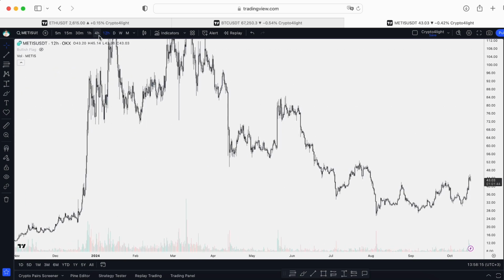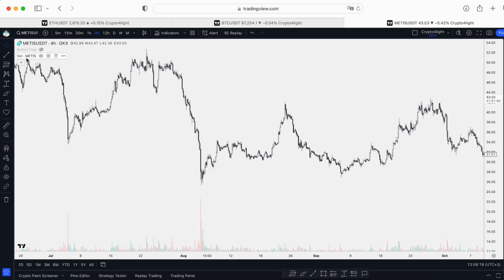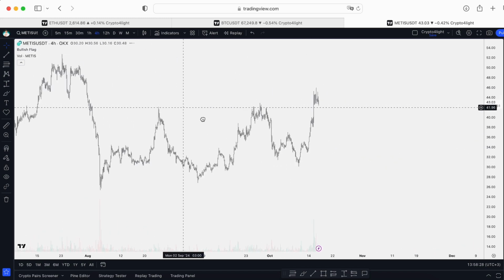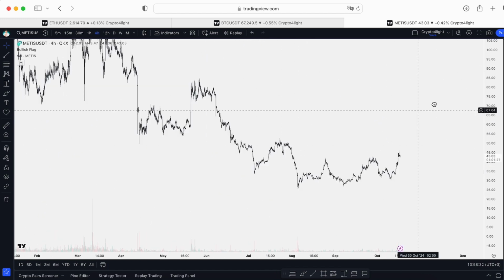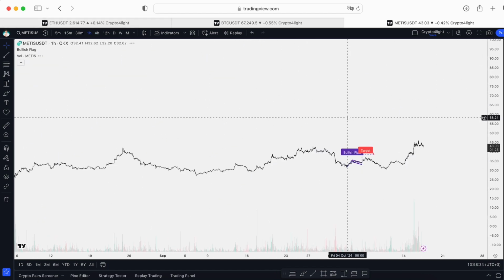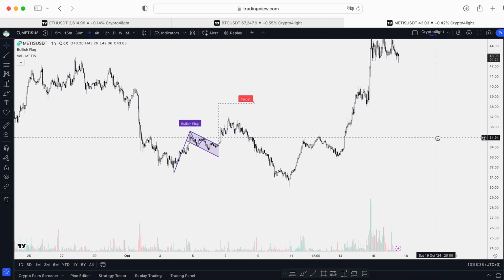That's why if we go to, for example, the 4-hour time frame and turn on the volume indicator and the bullish flag, what can we identify with this indicator? When we turn on the 4-hour time frame, we can see nothing. All right, let's go to the 1-hour time frame. Here is what the indicator identifies for us.